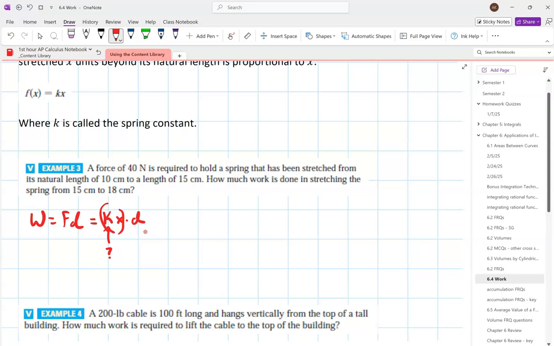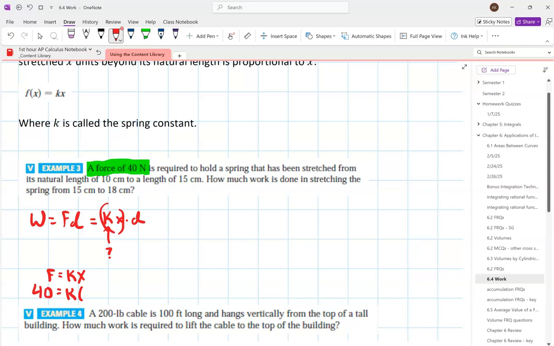Everybody's okay with that? So that's what this is going to be given for us. If I know force is equal to kx, we can say 40 is equal to k times... Now what is the distance here that the spring has been stretched past its natural length? 5 centimeters. But newtons are measured with meters, so I do have to do a unit conversion here.